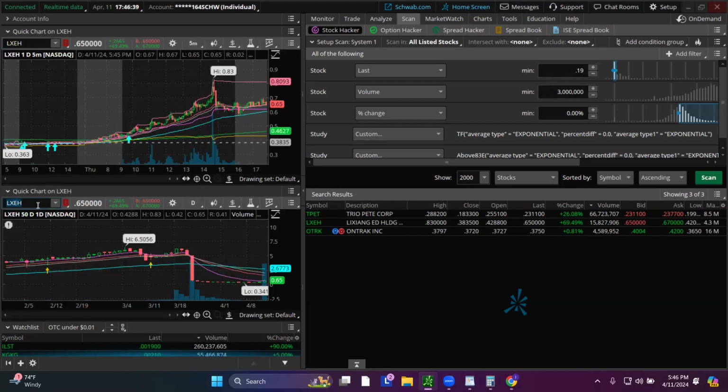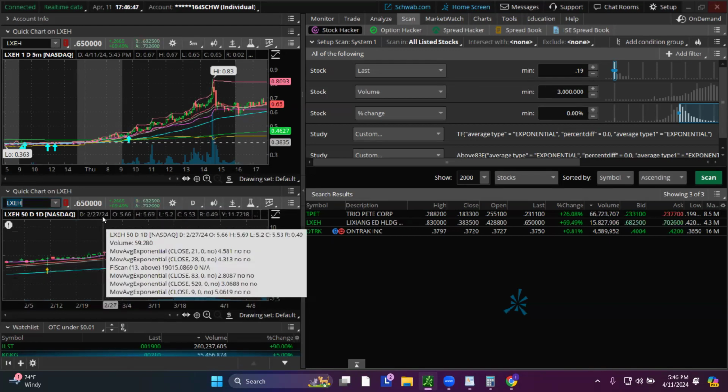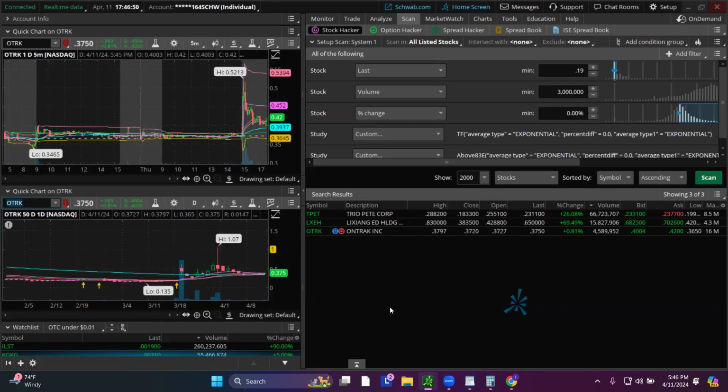But that gives the idealness. And then right here, you could see this volume's extremely low, so that likely wouldn't have fit at all. And then this first green day, this one was beneath the 83 as far as opening goes, so I would have had the similar expectation.